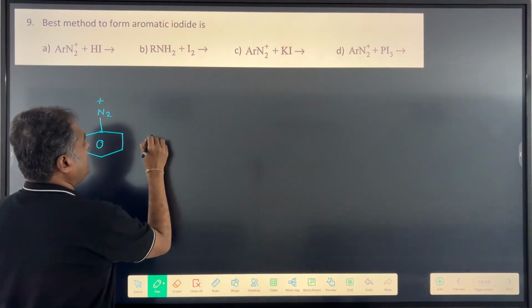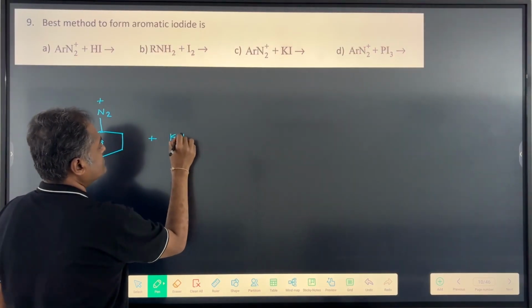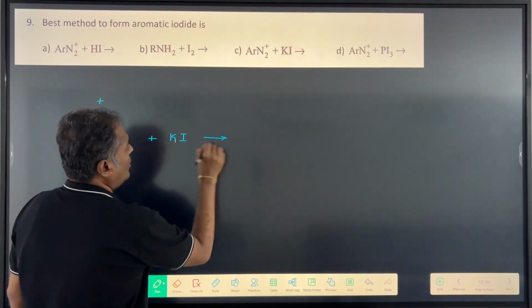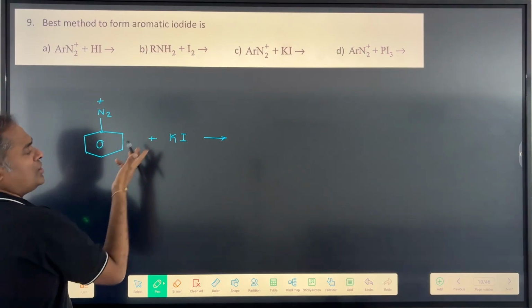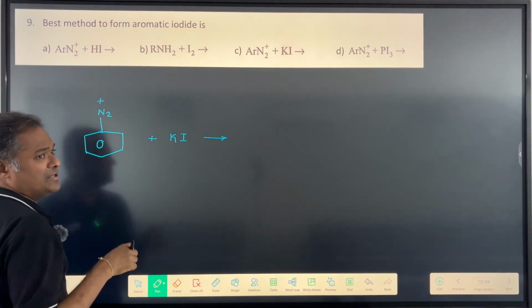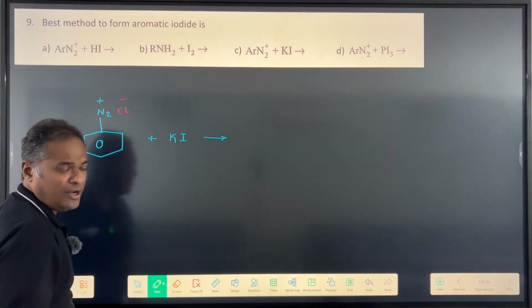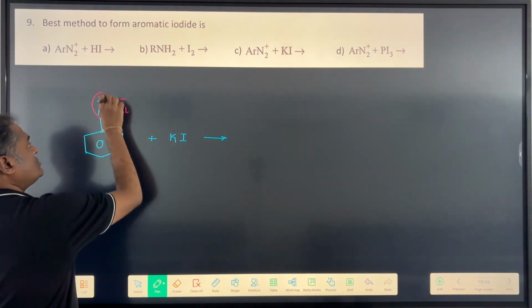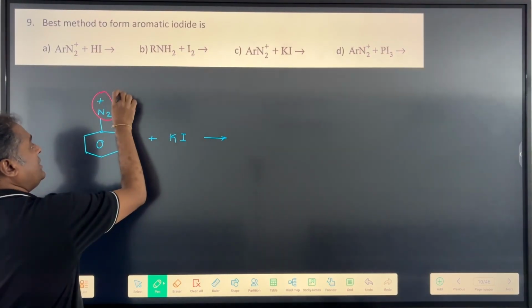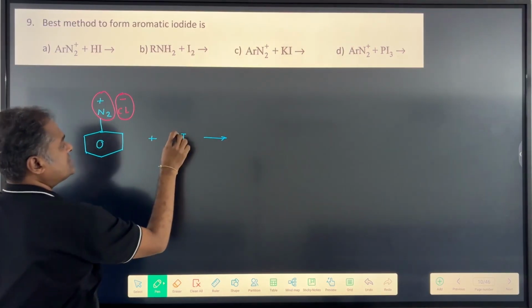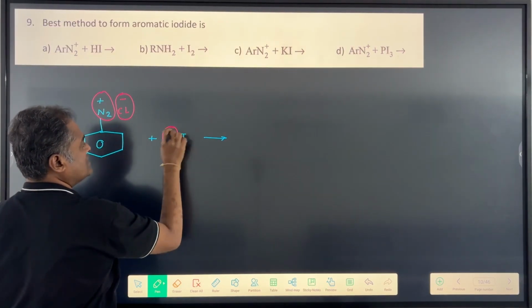Now when it is treated with KI, what happens? Normally whenever you take a benzene diazonium salt, it will be in the form of a salt. Let's take benzene diazonium chloride. What will happen? Your N2 gas is lost. First, your Cl minus and K plus will be lost as KCl.